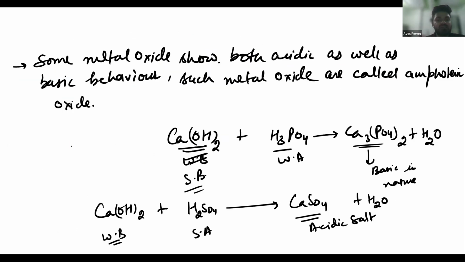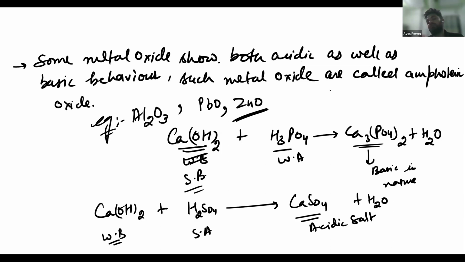Such metal oxides that show both acidic as well as basic behavior are called amphoteric oxides. For example, Al2O3, PbO, ZnO. Note it down.